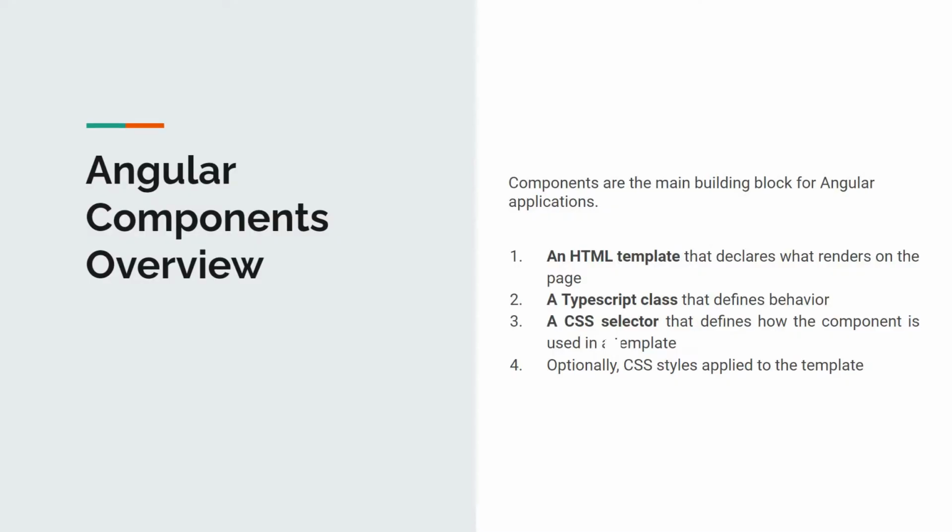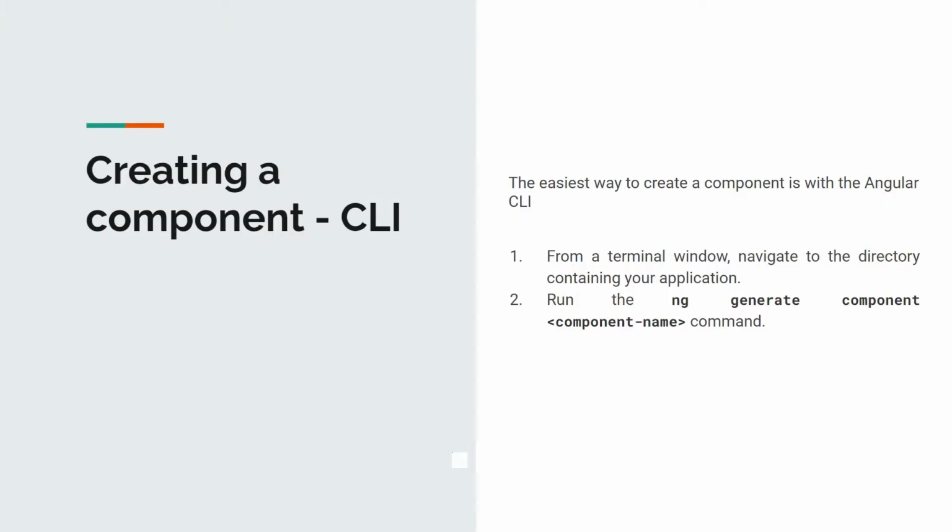Let's see how to create an Angular component. The easiest way to create a component is with Angular CLI. From a terminal window, navigate to the directory containing your application, and just write this command and press enter. Then it will create the component automatically.